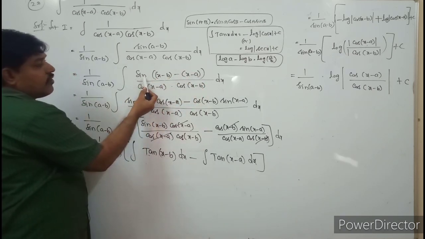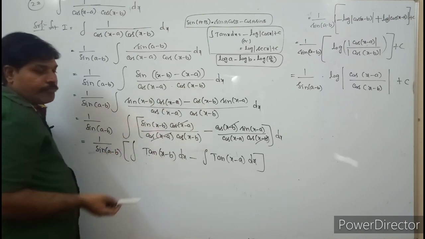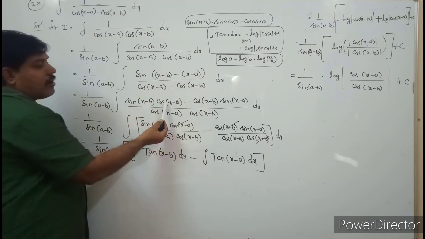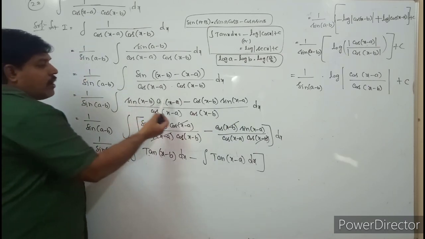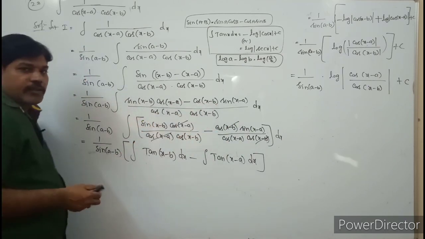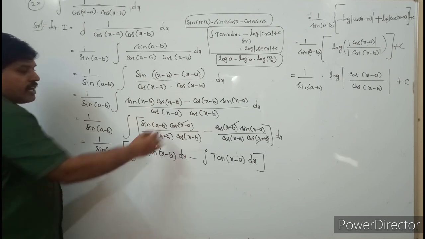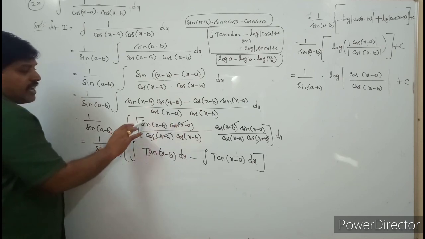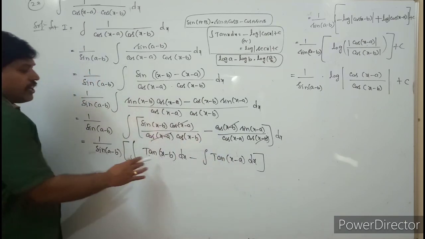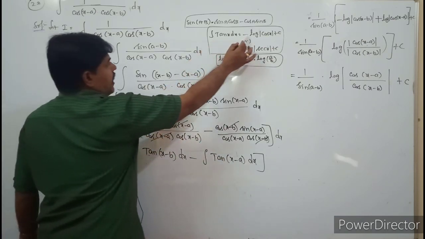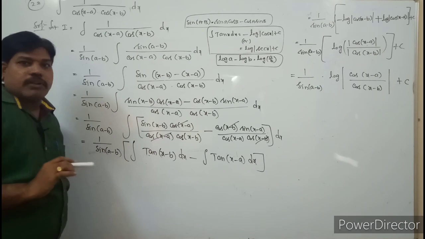Why? Because it is in the form of the sine of a minus b formula. You can expand sin a cos b minus cos a sin b, separate the terms and cancel these two values. You will get sin by cos, which is tan, and sin by cos, which is tan. So the integral of tan is nothing but minus log of mod cos x plus c.